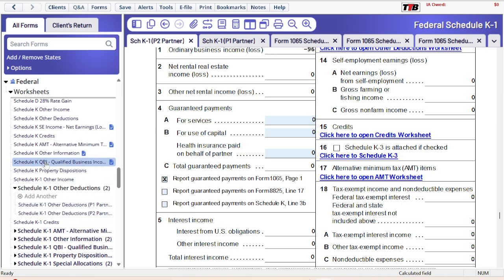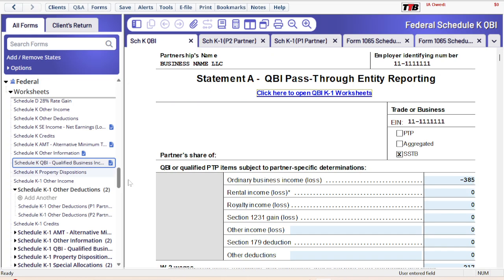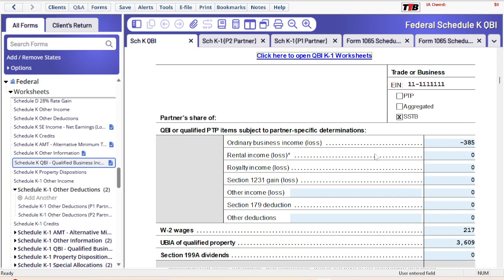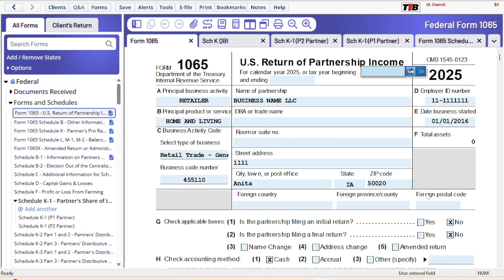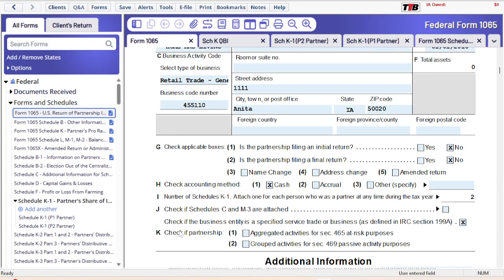So let's click on Schedule K QBI. The specialized service that we selected on 1065 is carrying over here for us. So go back to 1065. I think we check it here. Check if your business entity is a specialized service, trade, or business.